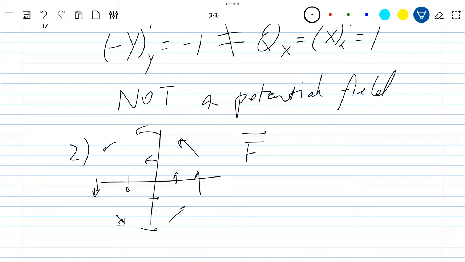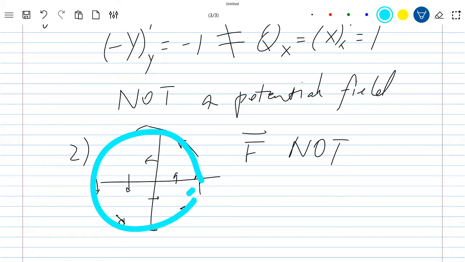Is F a potential field? I say it's not, because if you integrate along this closed path, or this one, closed path, what do you see?